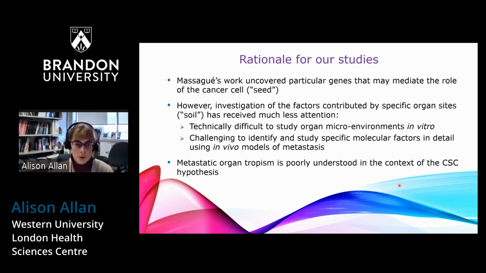And the reasons for this, at least the reasons we think, are that it's actually quite technically difficult to study organ microenvironments in a tissue culture dish for obvious reasons, but it's also challenging to identify and study specific molecular factors in detail using in vivo models of metastasis. And also, in the context of our cancer stem cell work, how that overlapped with metastatic organ tropism and the seed and soil hypothesis were quite poorly understood.